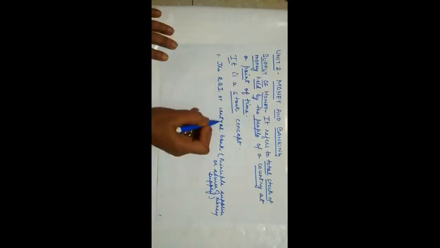Because RBI or the central bank has the full authority to issue the notes. Okay, and the Ministry of Finance has the authority to issue the coins and 1 rupee note. This one we'll do later on in detail.